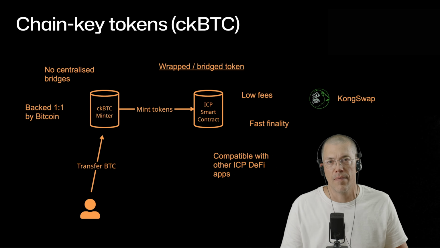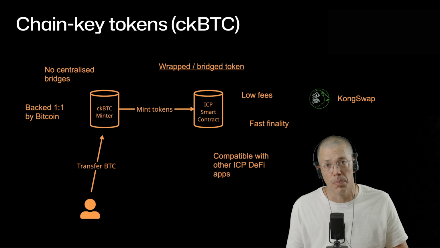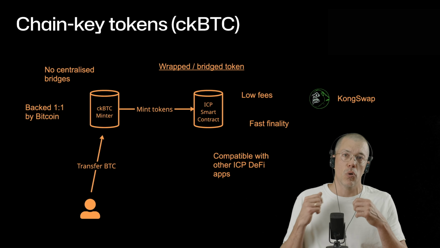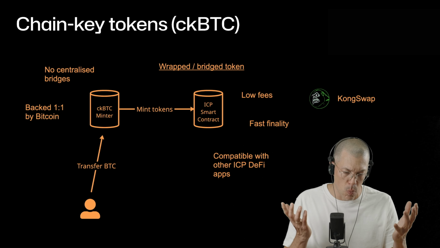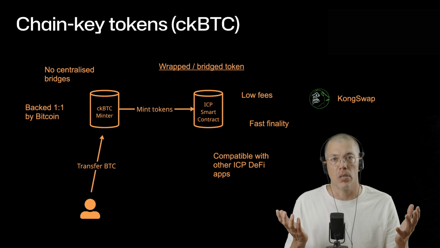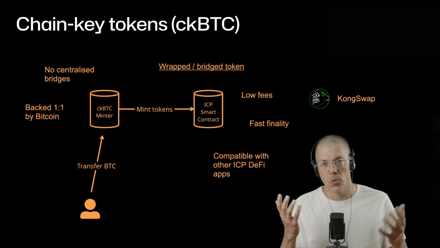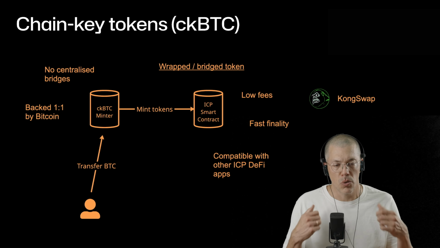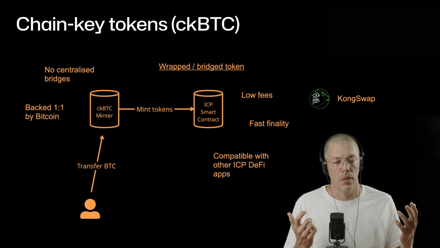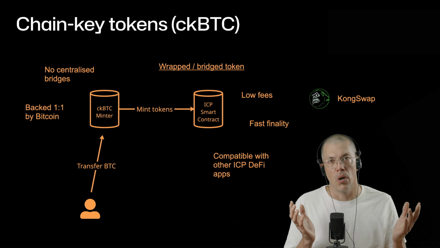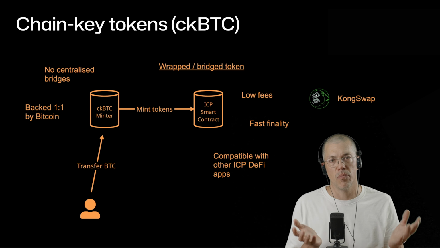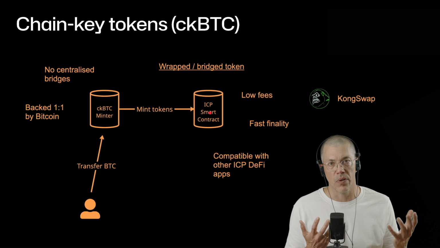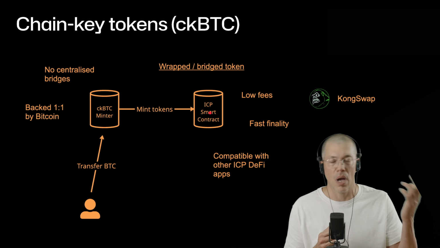And this has some additional benefits, right? Because in the previous example, your tokens were held by one application, so you cannot use them in the wider DeFi ecosystem on ICP. But using chain key tokens, of course, you create this ICP native representation of Bitcoin. And once you have done so, then you are free to transfer that token back to other wallets.